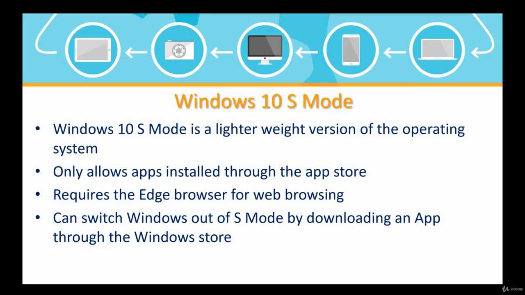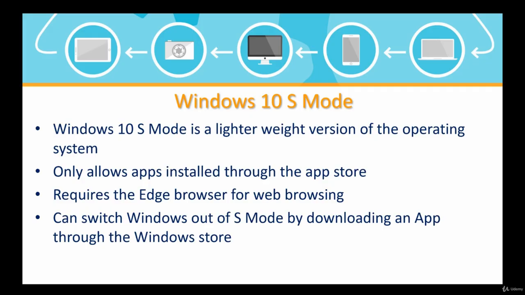Okay, so S Mode is a mode that Windows 10 can be put in, and some of the newer computers were being sold, and Surface tablets were being sold in that mode, but Microsoft did make it where you can get out of it, because a lot of people are still wanting to be able to run regular applications that they download, even though that is a security risk. Microsoft tried to force their hand on that, and I think eventually, with enough complaints, they made it where we could disable that if we want.